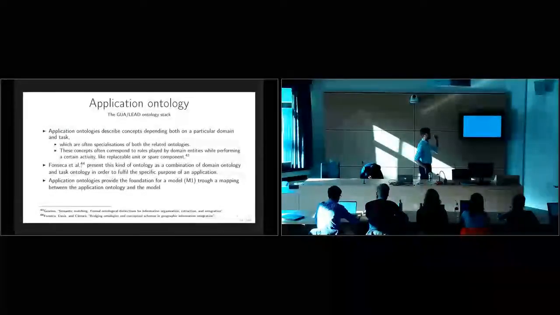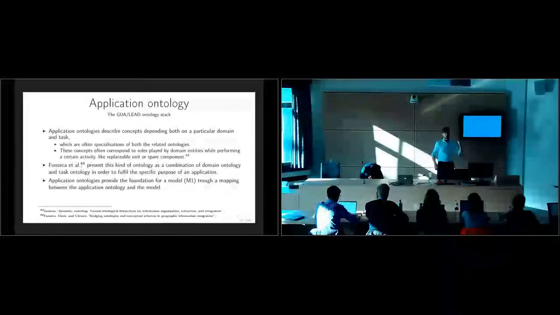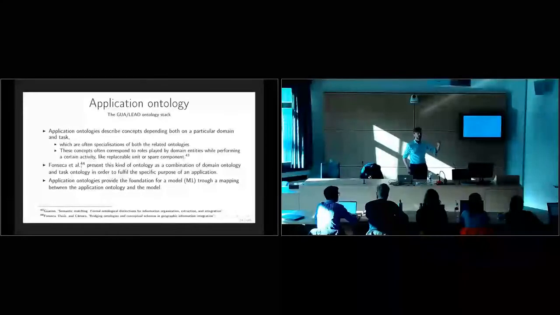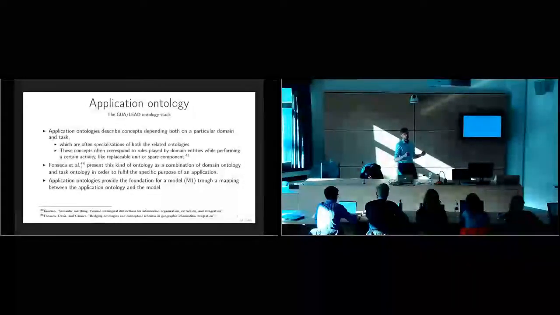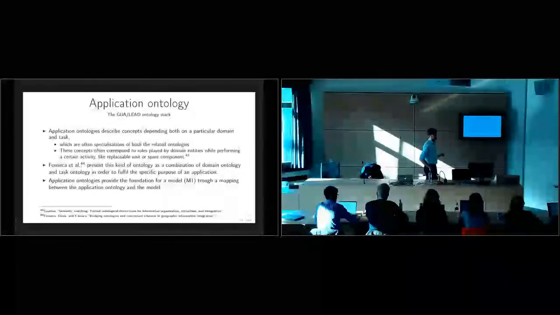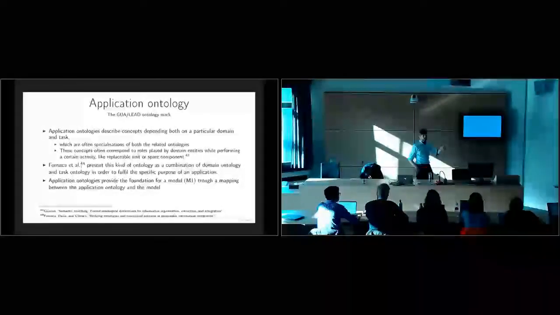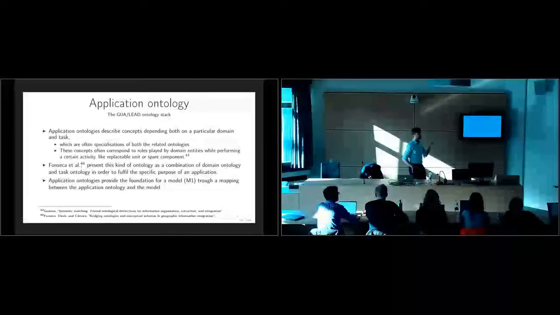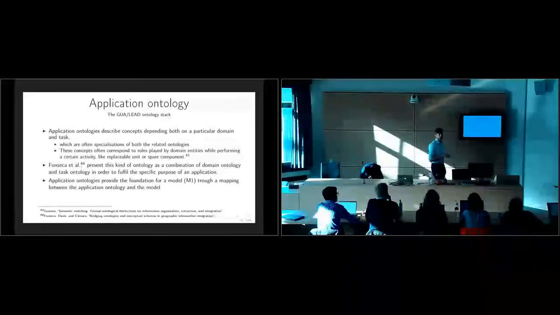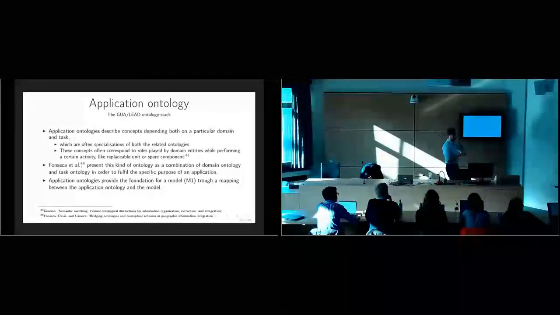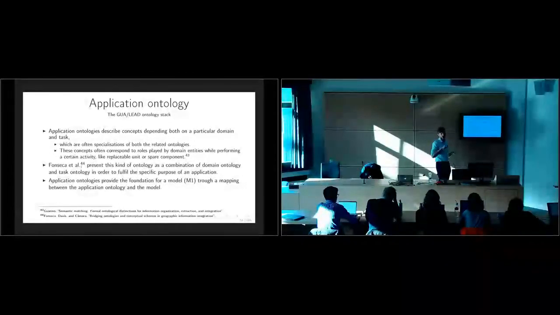It's the same with your core reference ontology. So you don't have to reuse every single concept from your core reference ontology in your domain ontology or in your task ontology. So you can really do cherry picking and say, okay, this is what I need for this domain or for this task. And then for your application, you do the same. Okay, from this domain, I need this for my application. From that task, I need that concept.